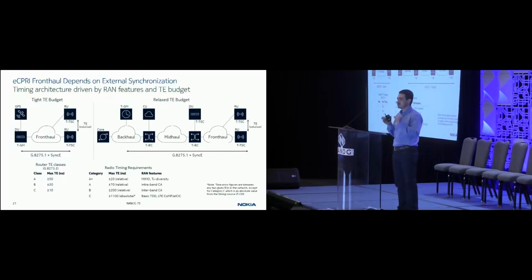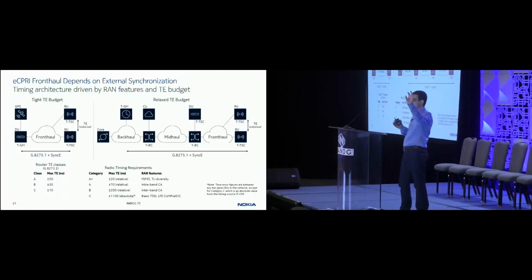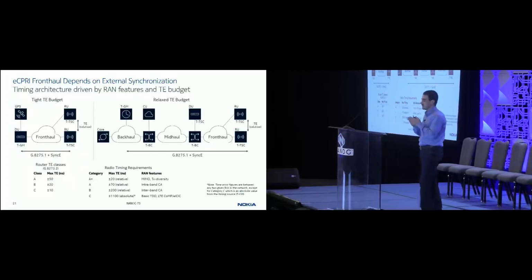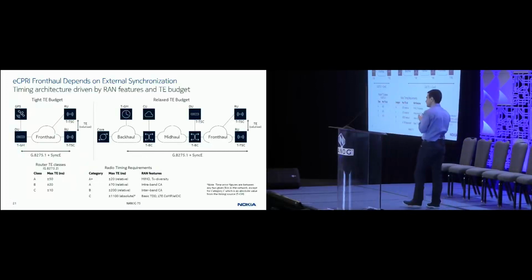So your tolerance is lower. And you can see here that it becomes not only lower, but it is no longer absolute from the timing source to the consumer, the destination, but now it's an error between any two radios that are serving the same cell phone, right? So in other words, it becomes a relative time error difference between two RUs, right?